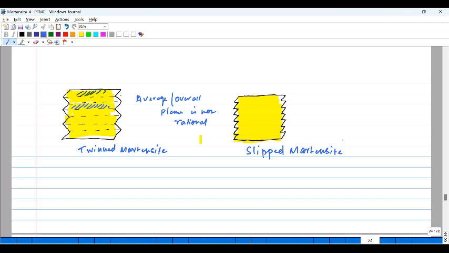Okay, so this theory thus also explains why the habit plane has those kind of peculiar indices such as 3, 10, 15 and so on.